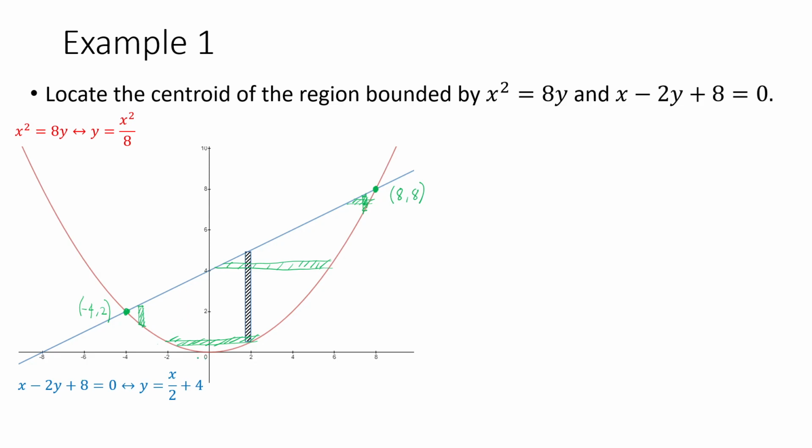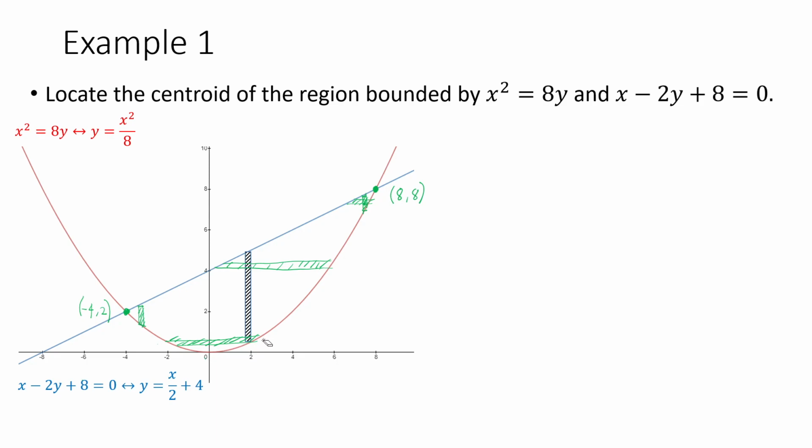So meaning I cannot use the horizontal strip in this problem. So that's why I presented the graph already with the vertical strip in the bounded region. Again, di ta makagamit og horizontal because at the bottom part of the bounded region, the right side and the left side are the same equations. And this would give us a zero integral equation.